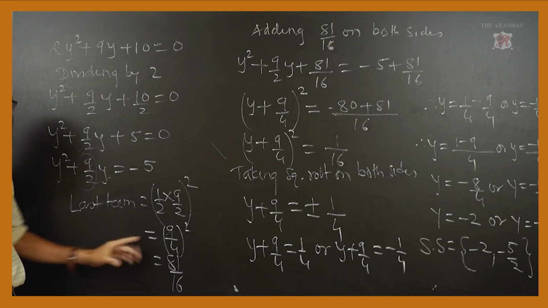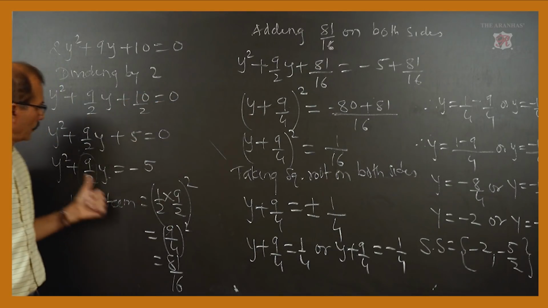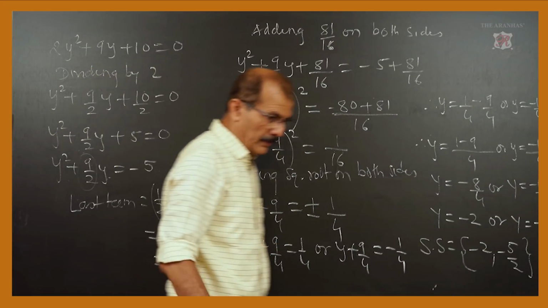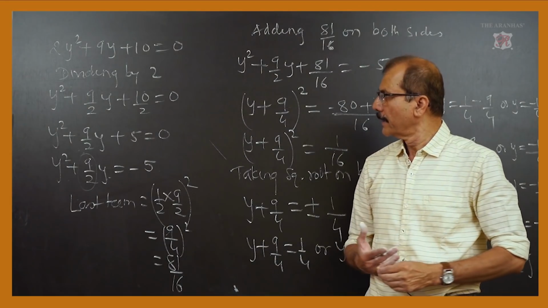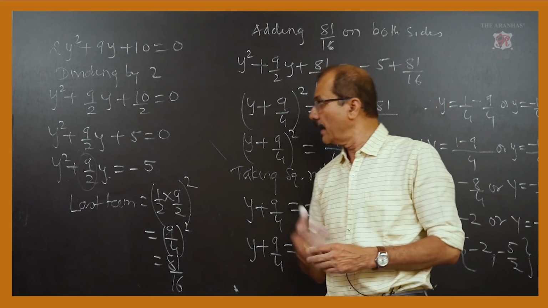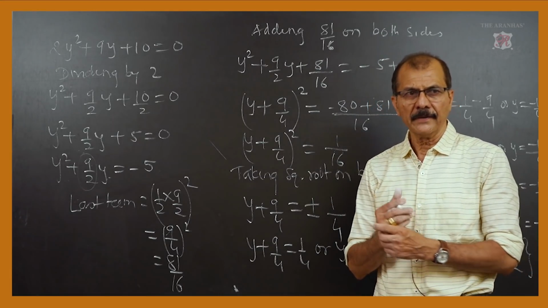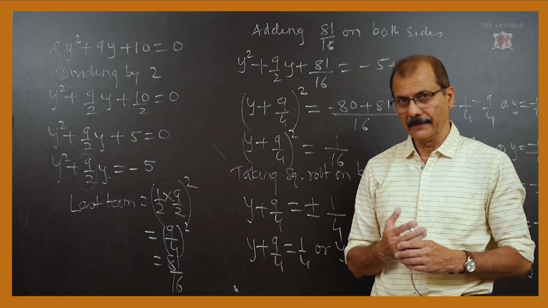So, that you remember, and then when you get that number, you go on adding on both the sides of this, you will get your roots. So, this was how to find the roots of a quadratic equation by using completing the square method. So, today we are going to study a new method which is known as the formula method.